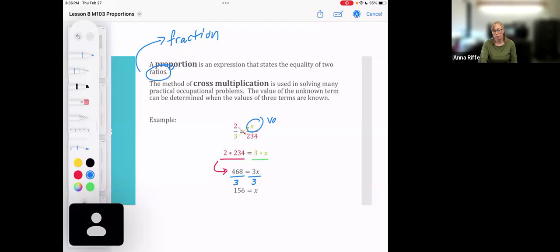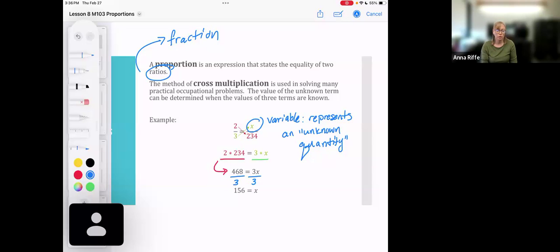Any type of variable or letter that can represent a variety of quantities, just depending on the context, can be used to represent an unknown quantity, or a quantity that we would like to be able to find the value of. We don't know the value as of yet, but we know where that variable exists in the problem.